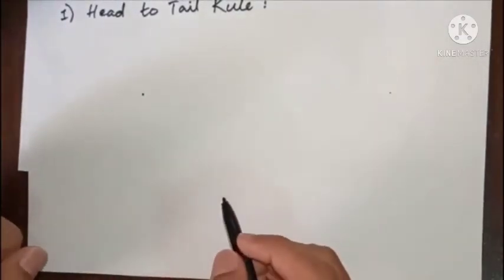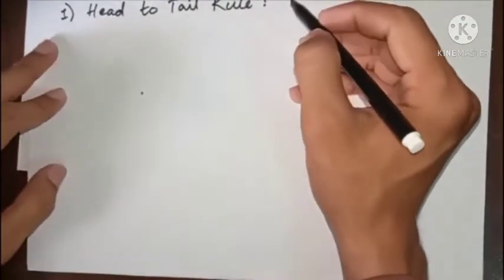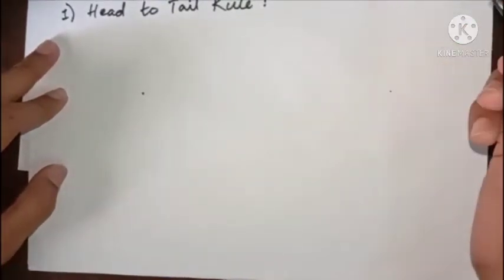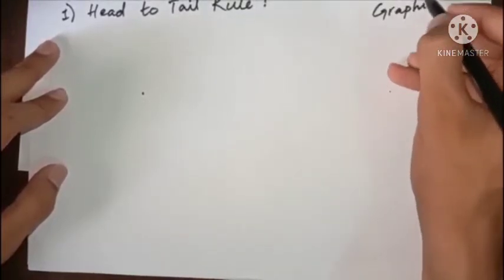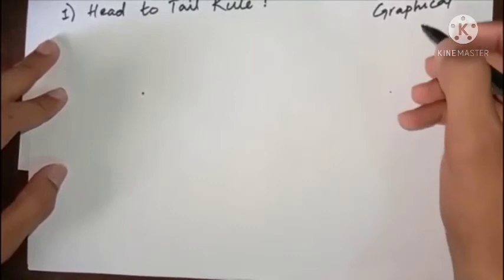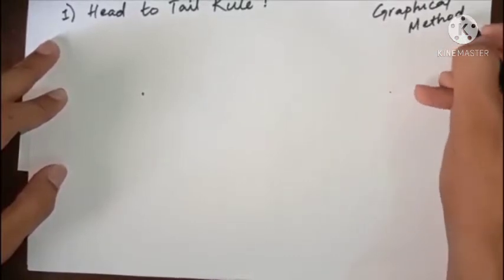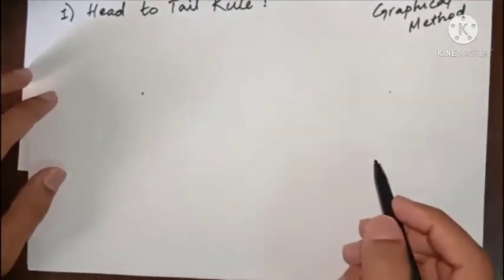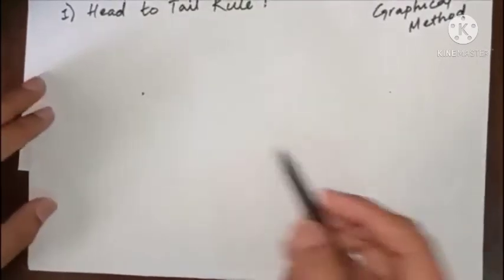Note that these two methods that we are going to discuss in this video are graphical methods. Vectors are also solved numerically, but the methods that are in our syllabus are graphical methods. So we are going to discuss head to tail rule, that is one of the graphical methods of vector addition.